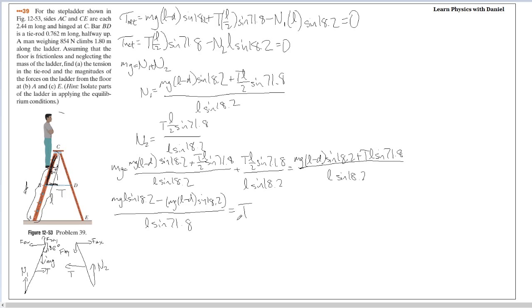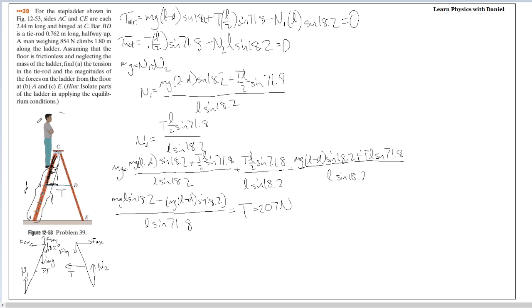All of this will equal T. And if you plug in all these known values into your calculator, you'll find that your tension force should be 207 newtons. Alright, so that's our part A for the tension.